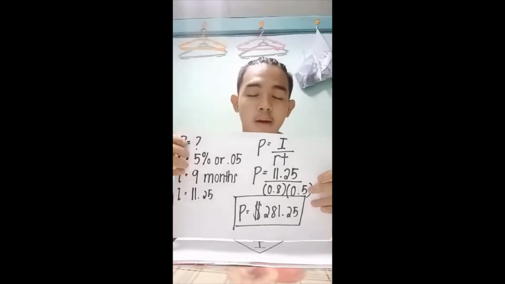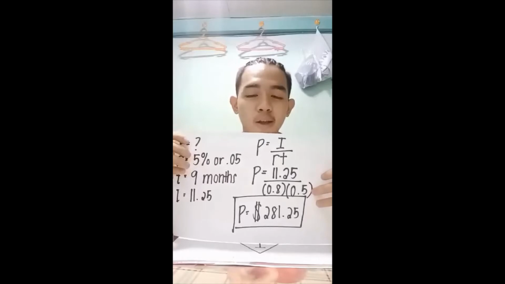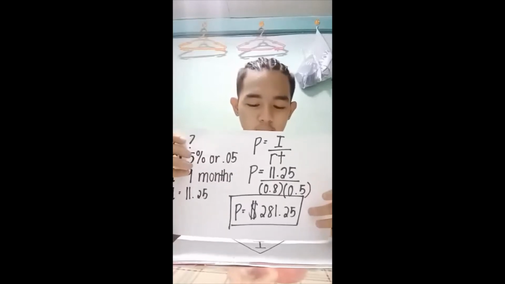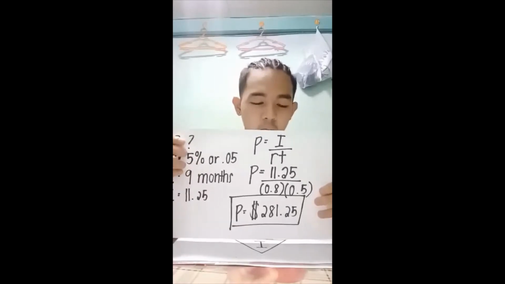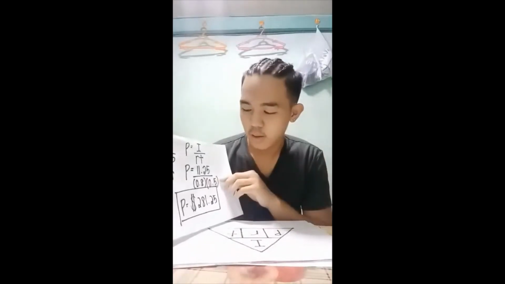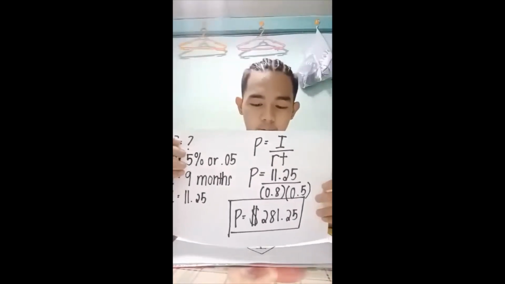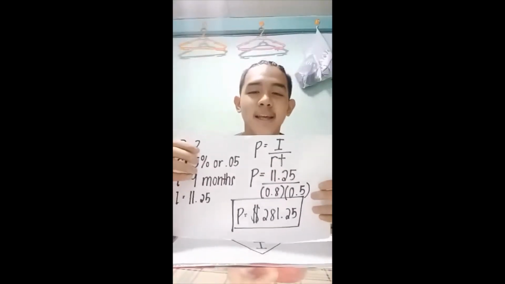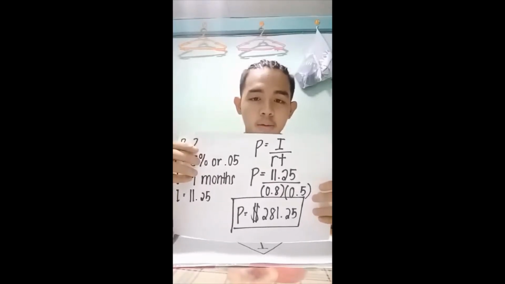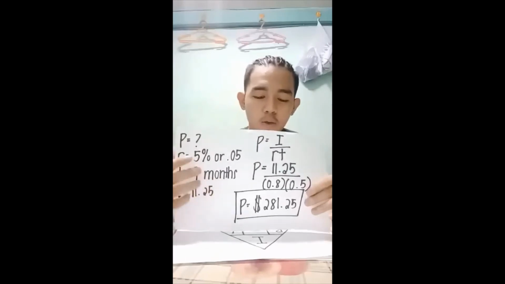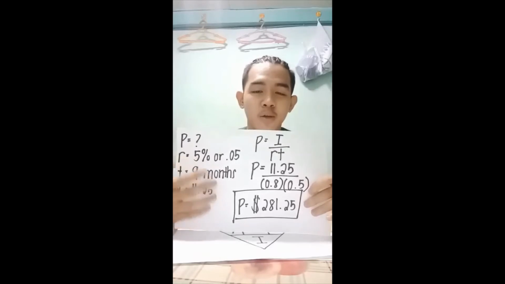So after putting this into your scientific calculator, this is what you get. Never mind the dollar sign. You will get $2,081.25. Sorry, my bad. $281.25 is the principal value.